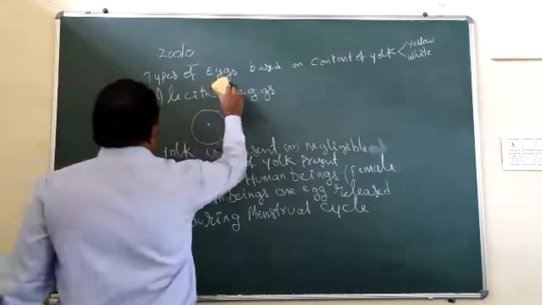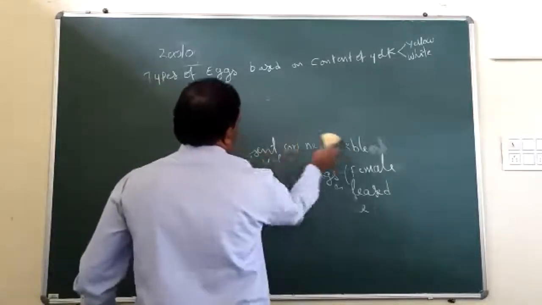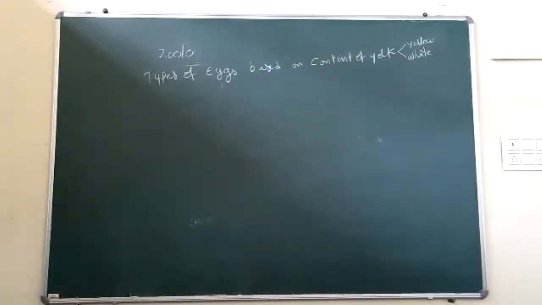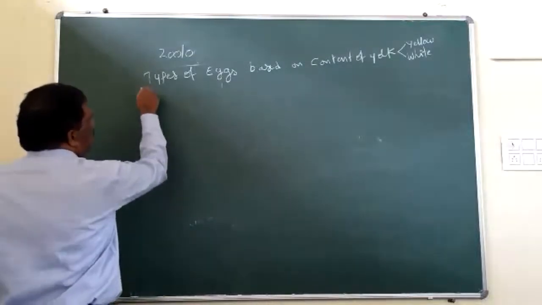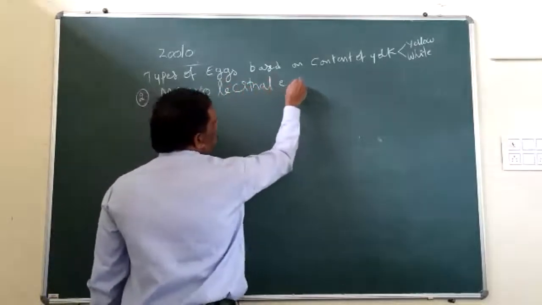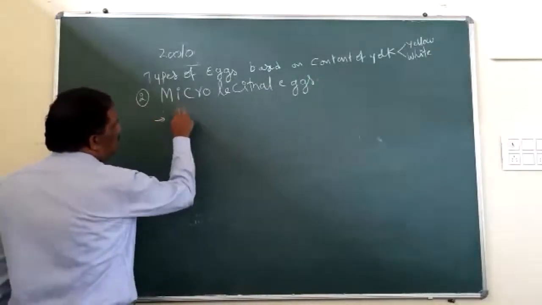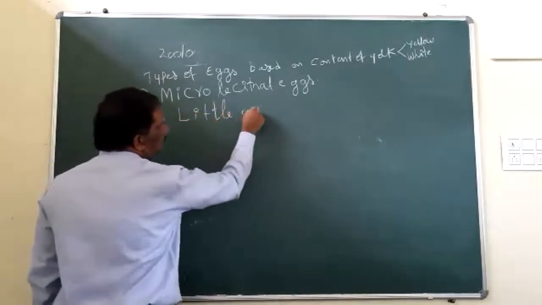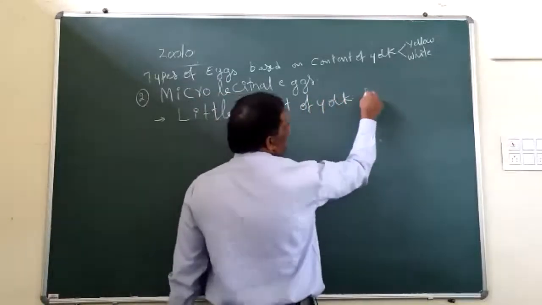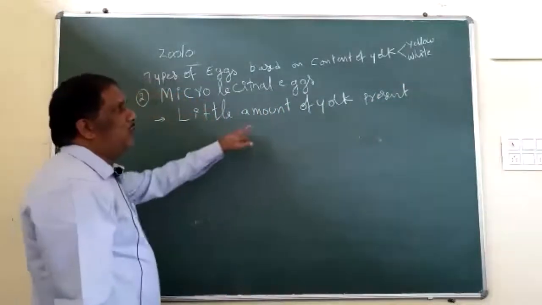Next, the second one is microlecithal eggs. A little amount of yolk is present.